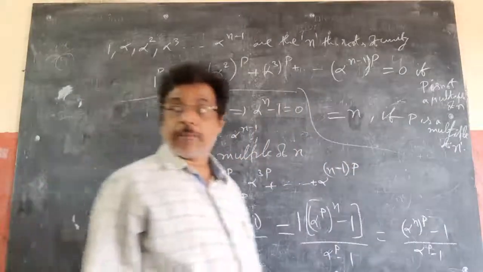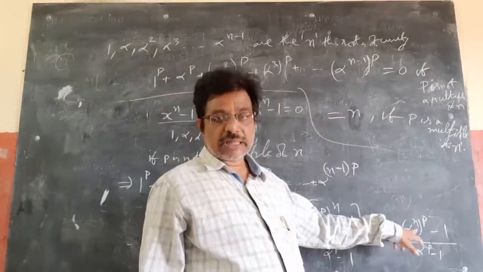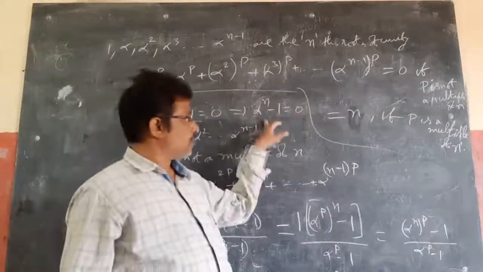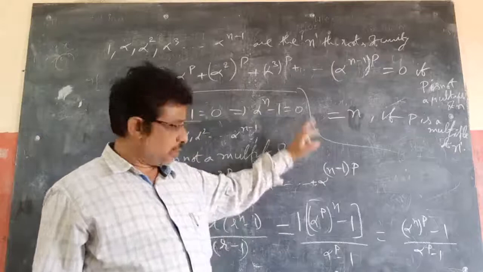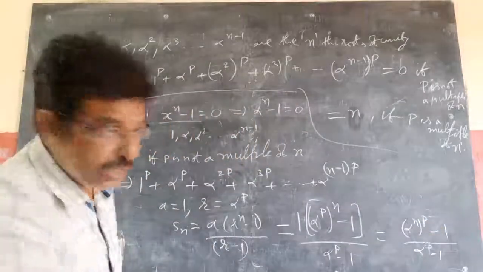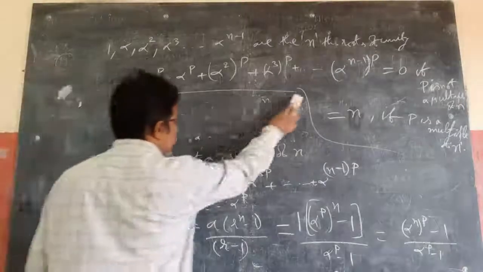But what is alpha power n? Alpha power n minus 1 equal to 0 means alpha power n is equal to 1 only. So 1 power p is 1 only, so 1 minus 1 is 0 only.